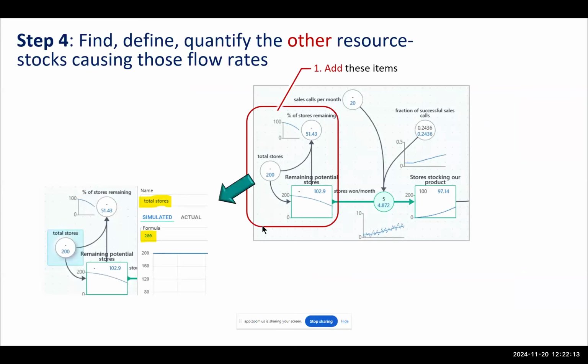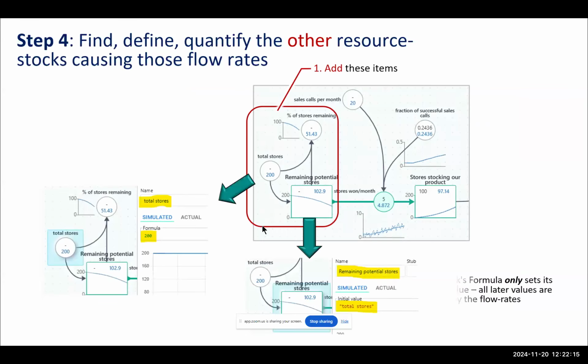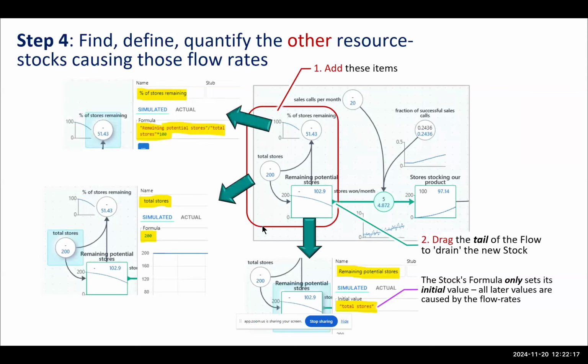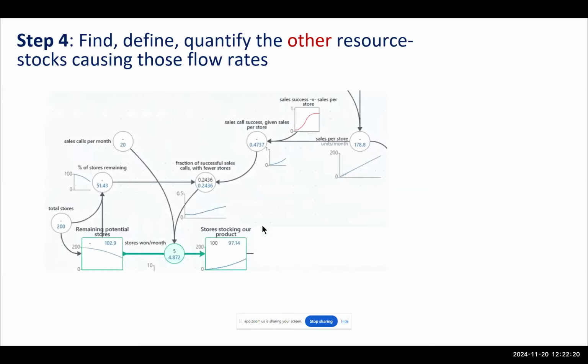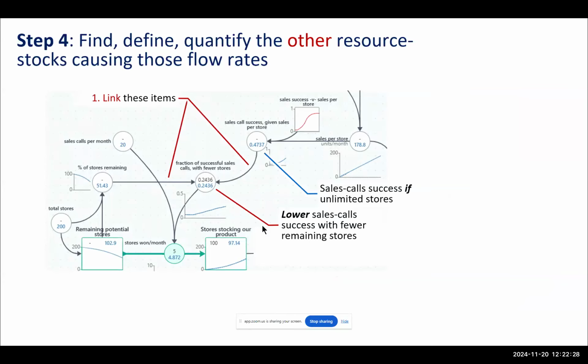This slide will tell you exactly what to put into the formulae for those items. And we've now defined, we connect those up and it tells you what the calculations are. So if there were an unlimited number of sales calls, this is the success rate that you would have. And this is the lower success rate you have because there is a limited number of stores.